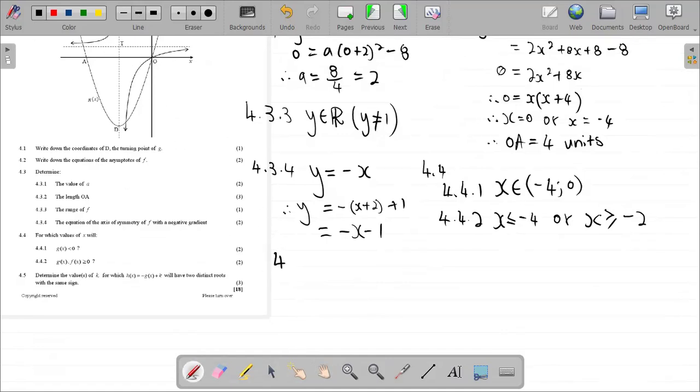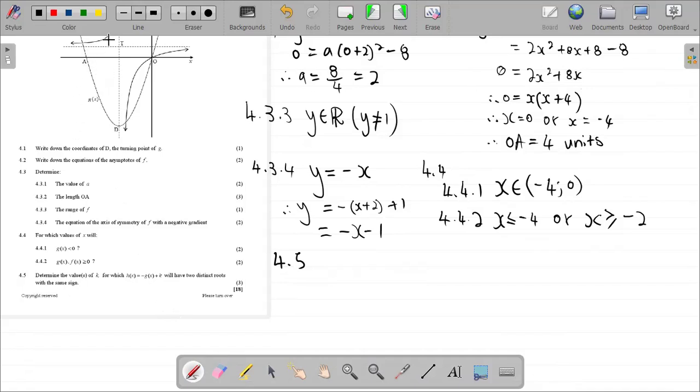And then 4.5, determine the values of k for which h of x equals negative g of x plus k will have two distinct roots with the same sign. If we have two distinct roots with the same sign, it means that negative g is good.